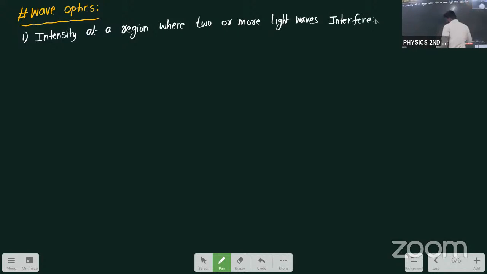So actually, this is nothing but Young's double slit experiment. This is the YDSE experiment only.